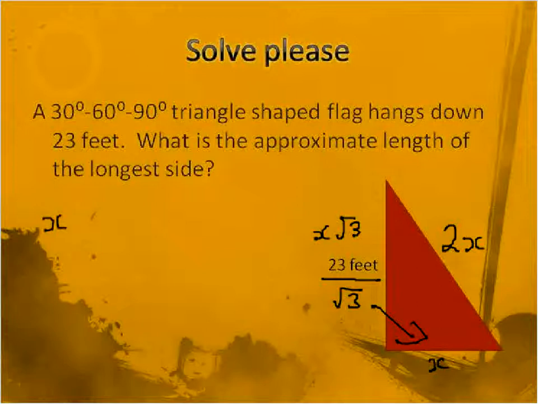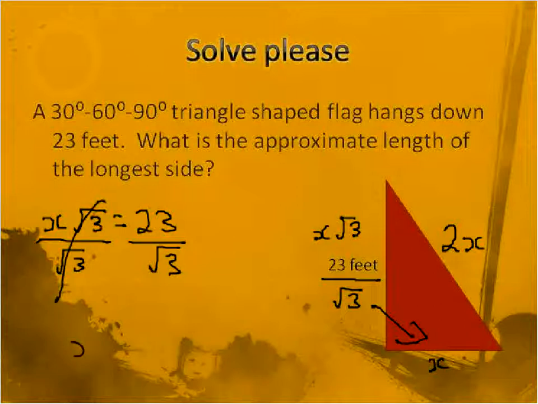Here, I can write that out in math language. I say x times the square root of 3 is equal to 23. To solve for the value of x, I need to divide both sides by the square root of 3. They'll cancel out, and x is equal to 23 divided by the square root of 3.